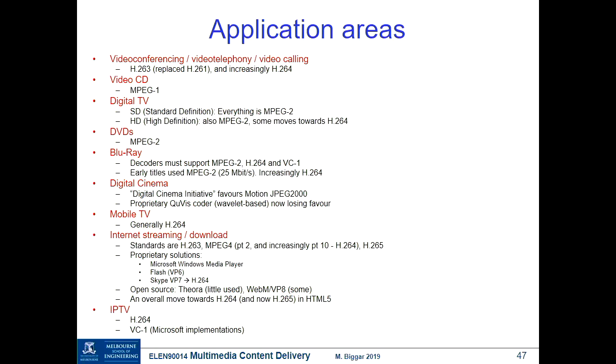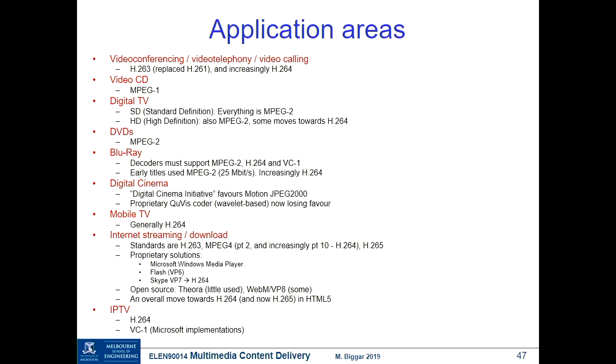For digital TV, yes, I think that is true. So for standard definition TV, at least here, this might not be correct for all countries, but throughout most of the history of digital TV, anyway, standard definition has been in MPEG-2.